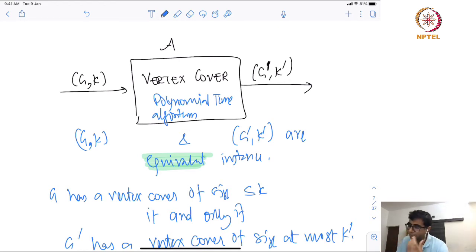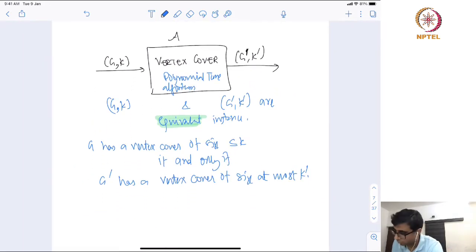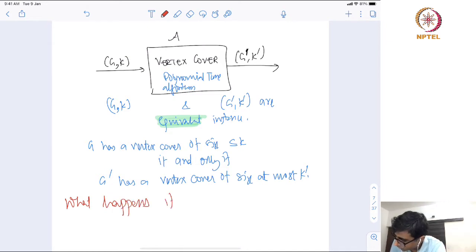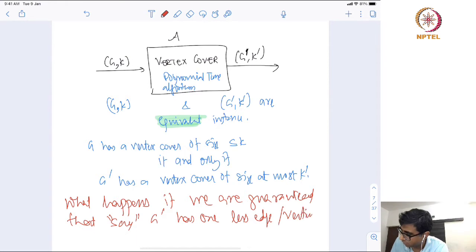Now, what happens if this algorithm reduces the instance, suppose even by 1 bit? Let us ask ourselves a simple question. What happens if we are guaranteed that G prime has one less edge, say, or vertices, whatever.